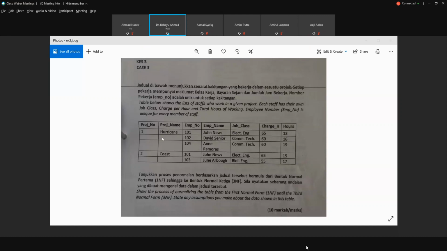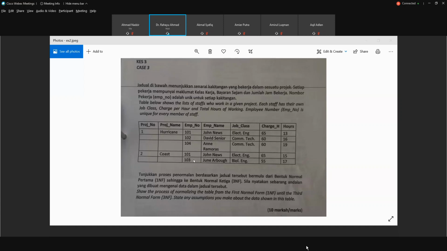So what you have to do is actually write down again. So bila you analyse kat sini, one project, for a particular project, there will be many staff involved. Okay, so for example, for project 1, kita ada berapa staff? 3 staff involved. Okay, and for project 2, we have 2 staff.